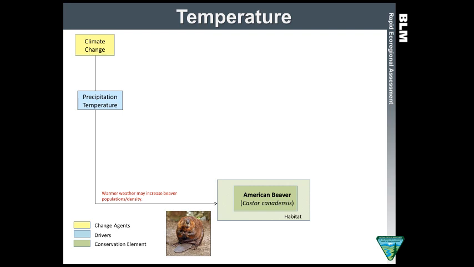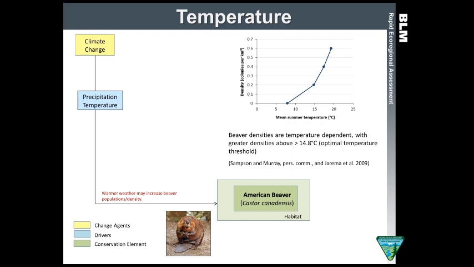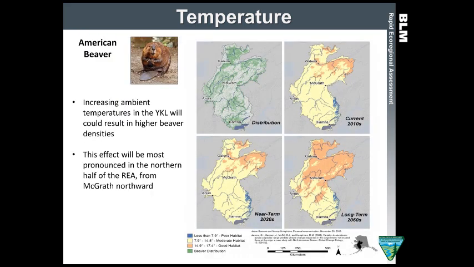This is an extraction from the beaver conceptual model, where we looked at the effect of increased temperature and posited that warmer weather may increase population densities, based on work by Sampson and Murray and Jarema et al. Beaver densities are temperature dependent, in a nonlinear relationship with greatest densities occurring above 4.8 degrees. Once they hit 4.8 degrees, their densities just skyrocket.